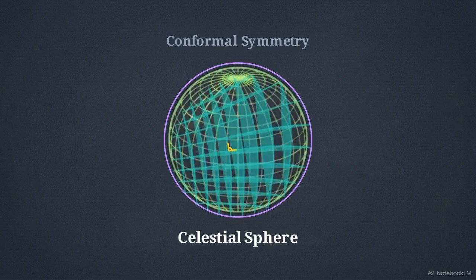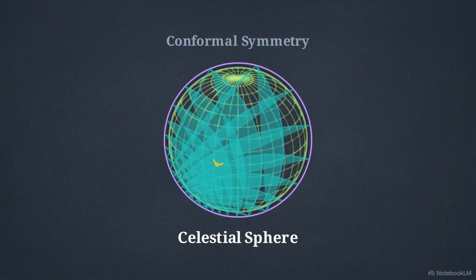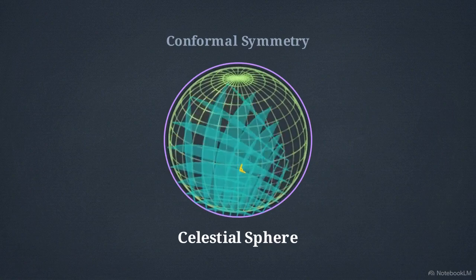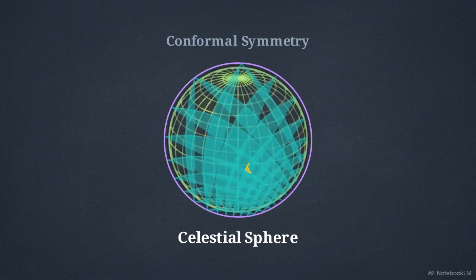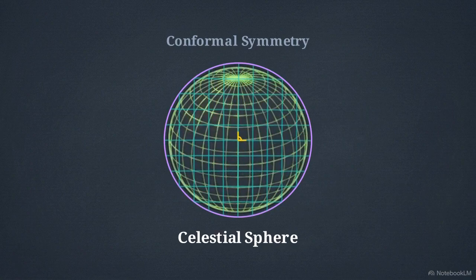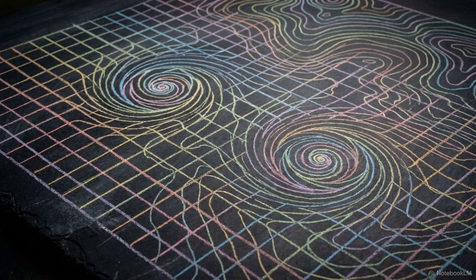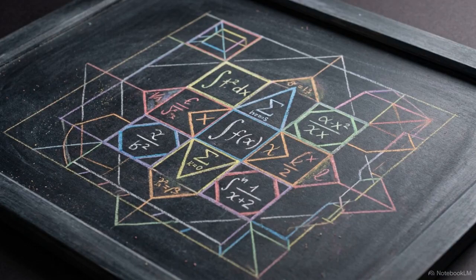These superrotations yield Virasoro symmetry. The conformal grid stretches and scales, perfectly preserving the local angles of intersecting lines. These geometric transformations define how a system responds to local scaling and rotations. In 2 dimensions, this mathematical structure is so restrictive that it dictates the entire dynamics of a system, the defining characteristic of a conformal field theory.